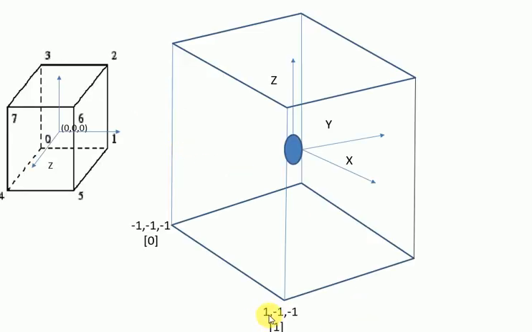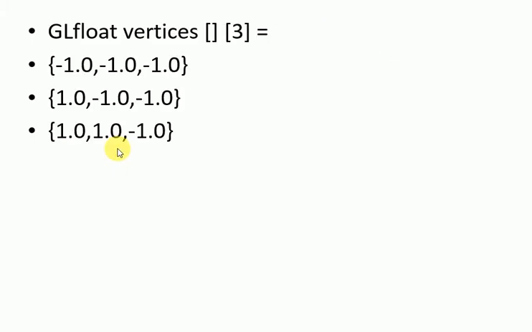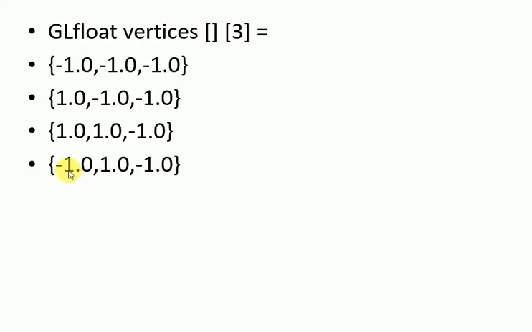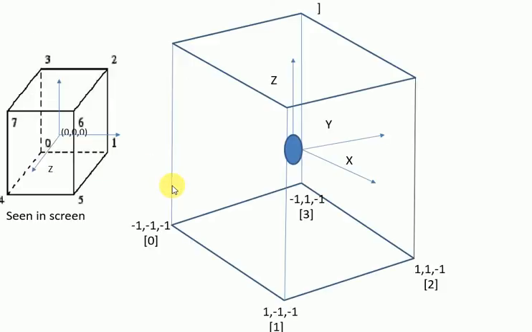It is here. And next 1, 1, -1. So that is here. That is vertex 2, this part. And -1, 1 and -1. So that is this part of the polygon.